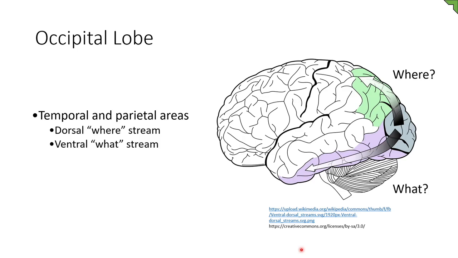So, for example, as I said, pixels are converted to contours, and then contours to patterns, and patterns to objects. And then these objects are compared with our memory of known objects. And then we see, okay, for example, this is a flower.